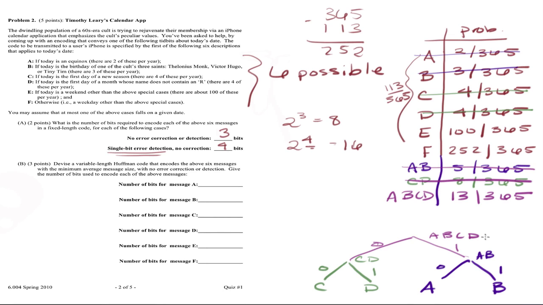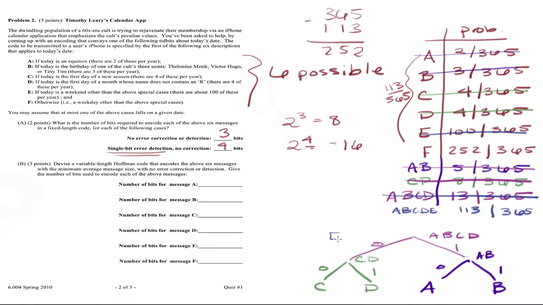Now the next 2 smallest, we have our 13 and 100, so that'll give us ABCDE, right? So we have ABCD and E gives us 113 out of 365, right?